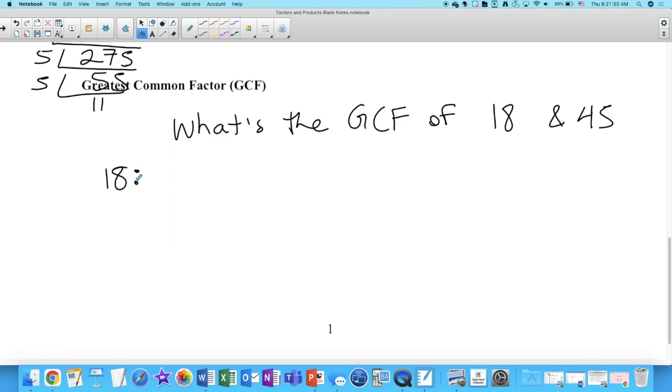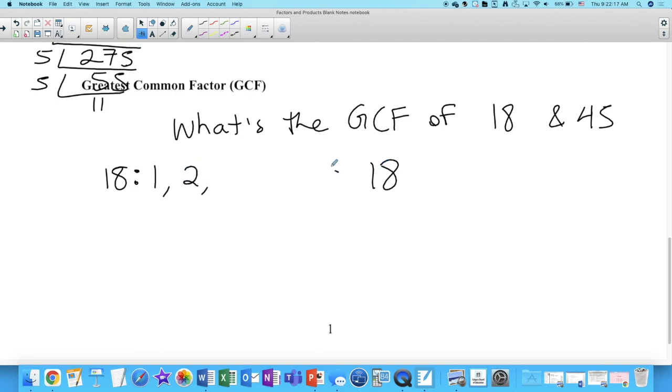So start with 1. 1 and 18 are factors, right? I was always taught to leave space in between so that you could put them in order. Some of you may have seen that before. Okay, is 2 a factor of 18? Yep, so 2 works, and 2 times 9 is 18.